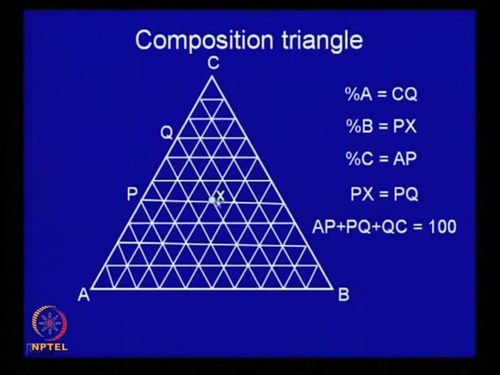Now let us look at how to represent the composition of this particular point. You can read it easily. Suppose you want to read the percentage of A: you read from this end, 0, 10, 20, 30. So A is 30. Similarly, how much is B?